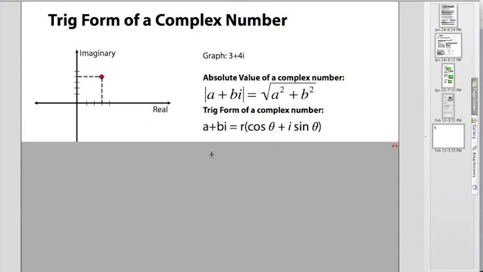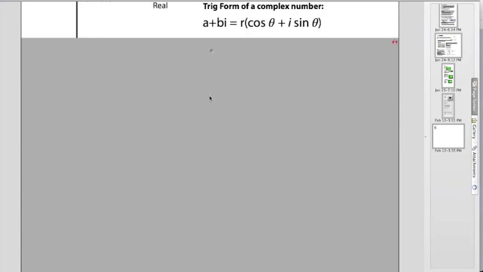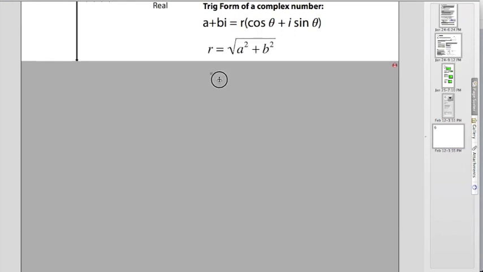If you take a plus bi, I want to be able to convert that into r times cosine theta plus i sine theta. So it's still kind of a plus bi in that same format, but instead of using a and b, we're going to be using sine and cosine along with our r value, which is our radius or our absolute value.